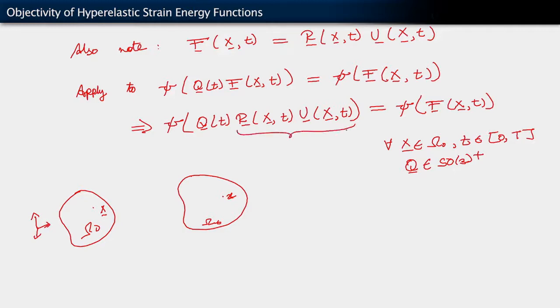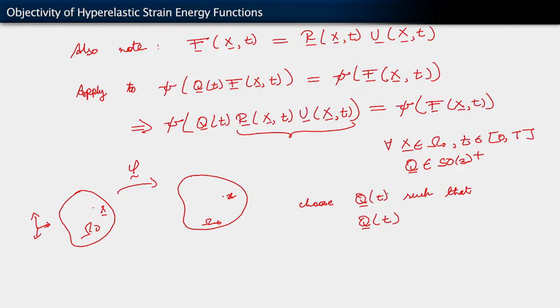Now I can apply my arguments for any rotation tensor Q. I am going to choose Q as a function of time such that at the time of interest, Q(t) is such that... When I write t in this last line, I'm saying that t is the time of interest.